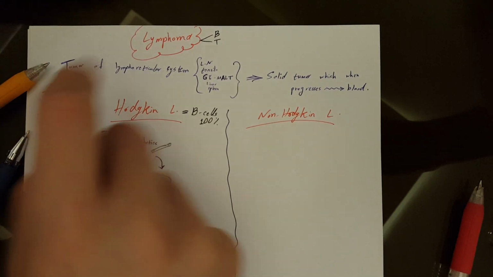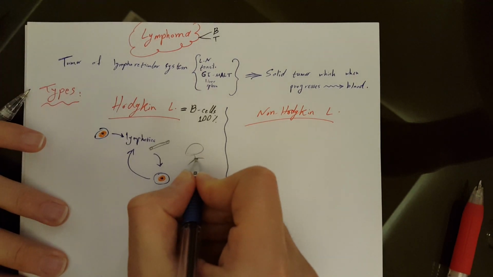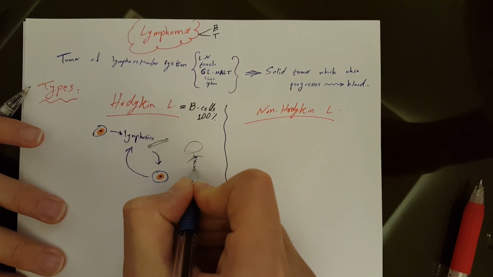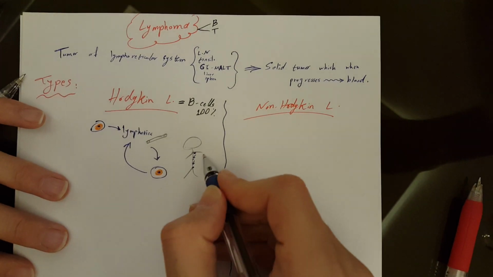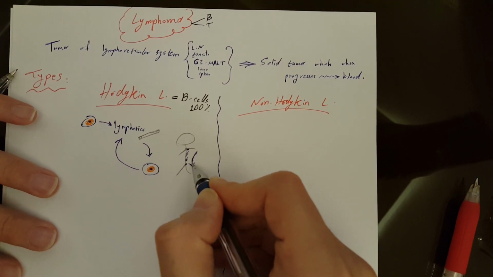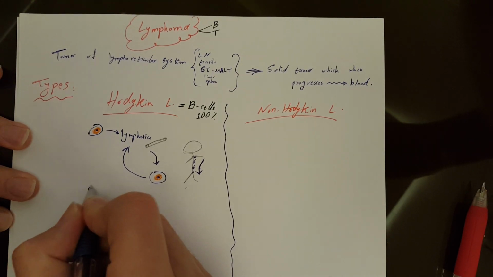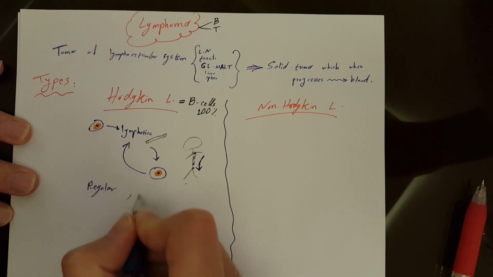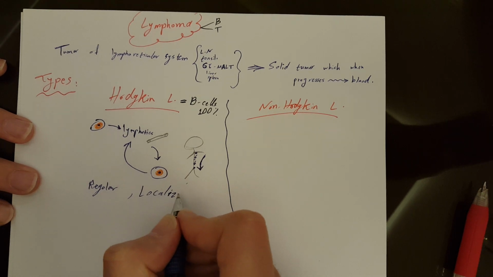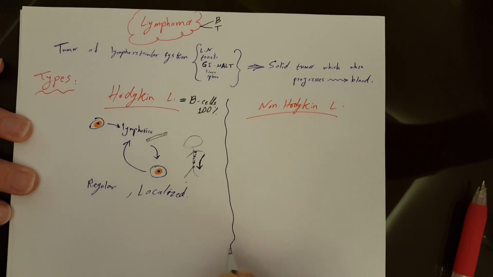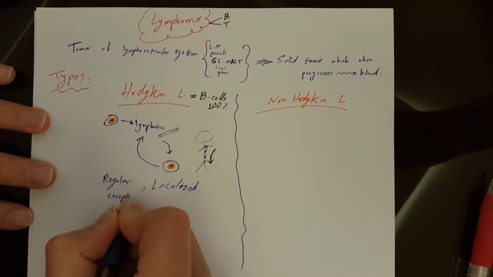So this keeps spreading. For example, if this is the body, it starts from here and then goes down, okay? So it goes like this. It has a pattern, or it spreads regularly. Okay, so this one is regular, this one is localized. It doesn't disseminate throughout the blood everywhere.